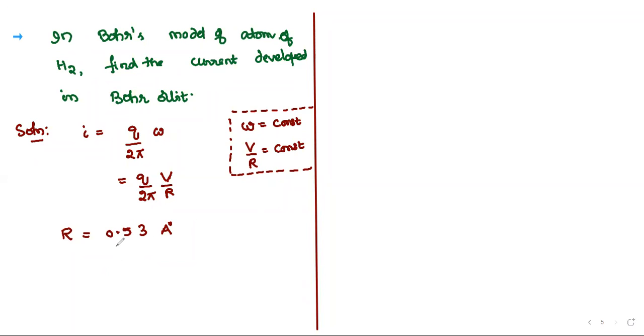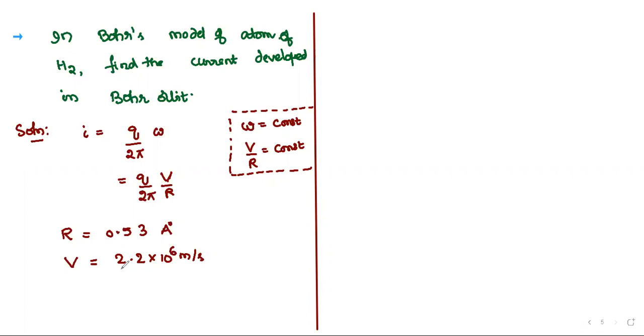Okay, good, 0.53 angstrom. And the speed of the electron in the first Bohr orbit? It is 2.18 times 10 power 6 meters per second, rounded off, so approximately 2.2.